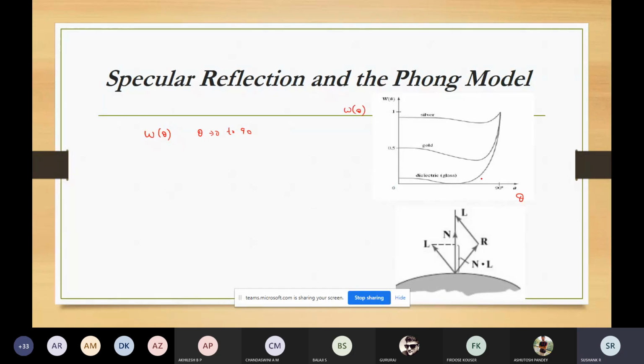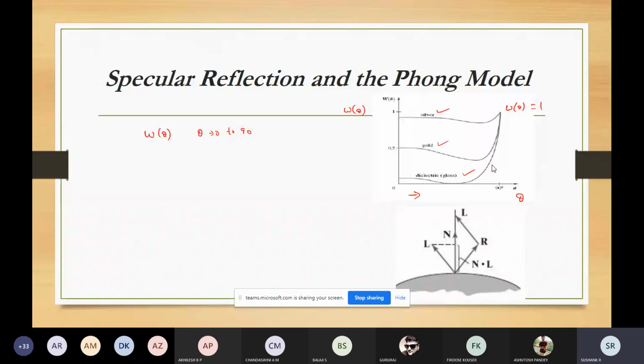You can see that as the value of theta increases, for glass also, W of theta will be coming close to 1, and for the gold also, as the angle increases, it is moving towards 1. For the silver also. This is for the silver material, this is for the gold material, this is for the glass.